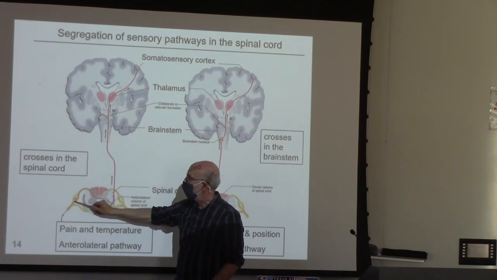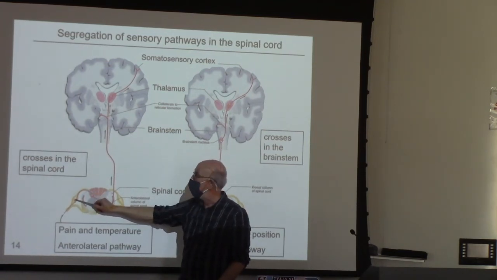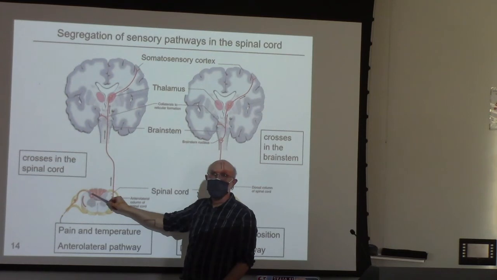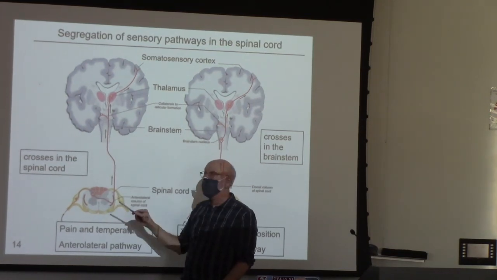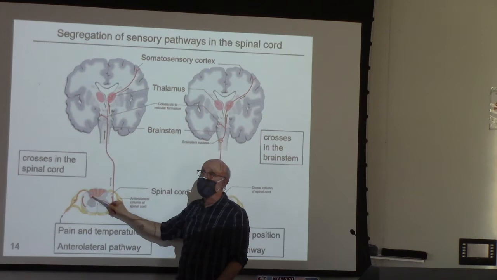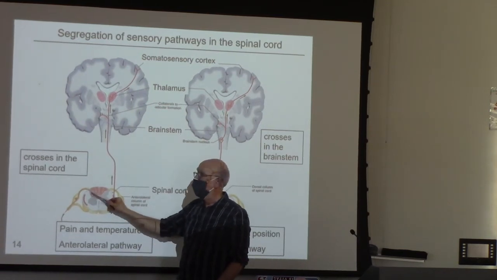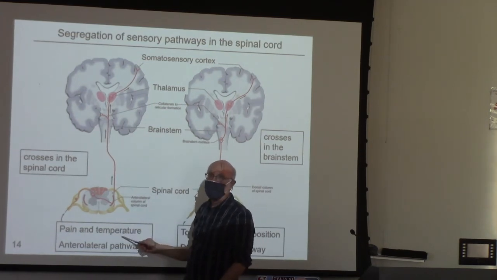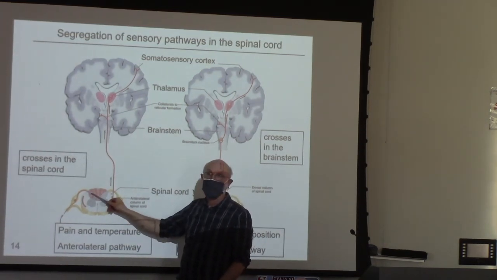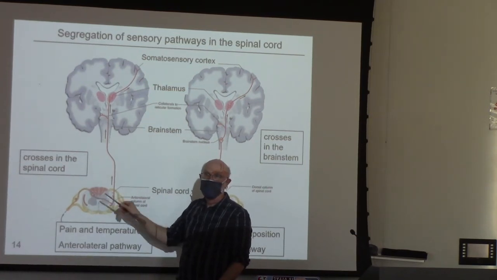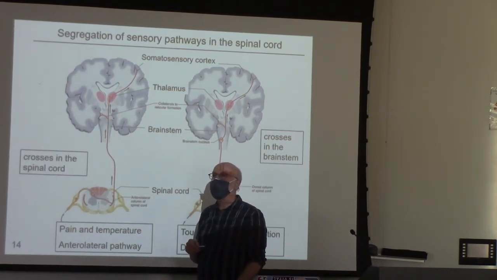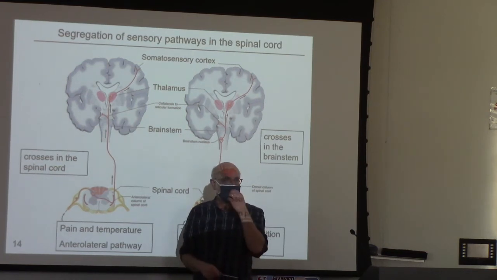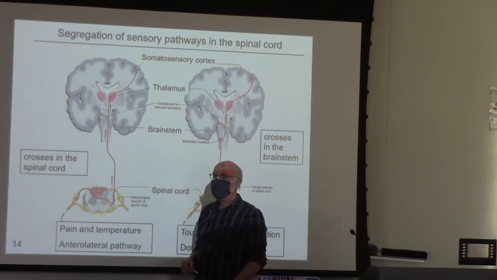So, this neuron, there's its cell body in the dorsal root ganglion, enters the spinal cord in the dorsal horn. And it makes a synapse there, an excitatory synapse there. So the location of the first synapse in the pain and temperature pathway is in the dorsal horn of the spinal cord. I could quiz you on where the first synapse is because it shows that you've learned the pathway. I won't do it on quiz 2, but I could do it on quiz 3 or on an exam.